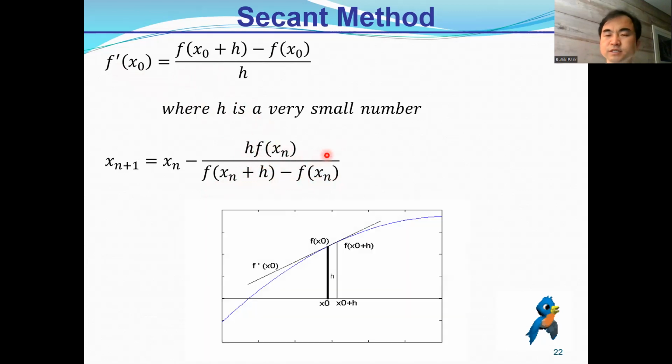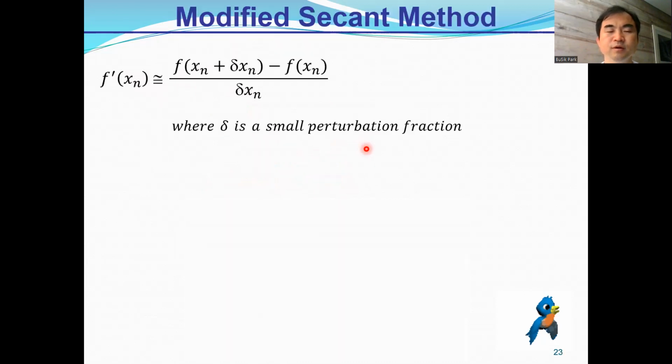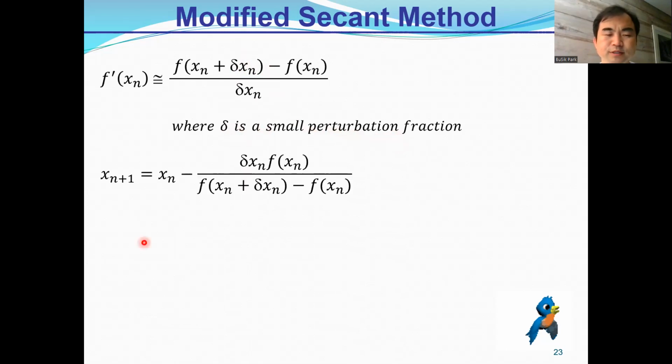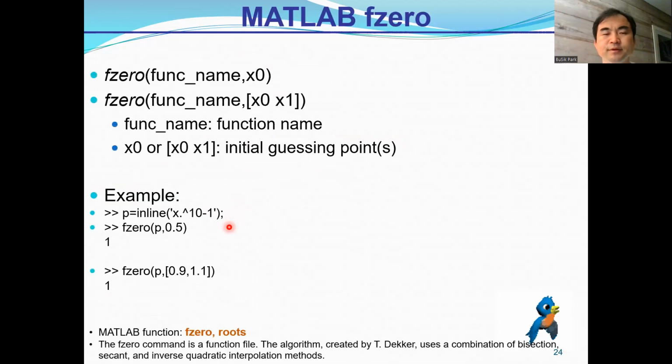So in this case, we don't need to calculate first order derivatives. And the modified secant method is, instead of h, we use delta times xn, where delta is a small perturbation fraction. So in that case, we can calculate xn+1 using these equations. That's the modified secant method.